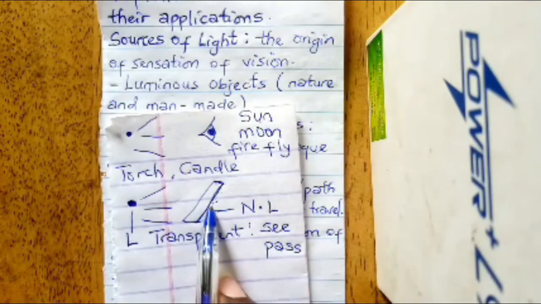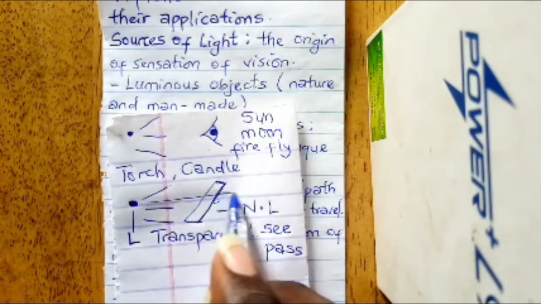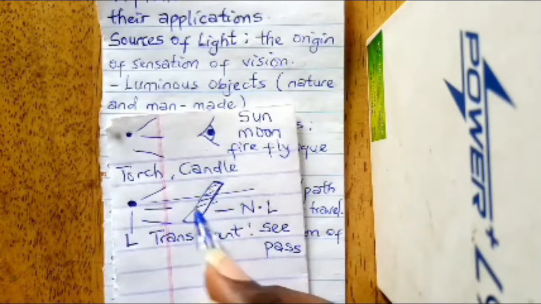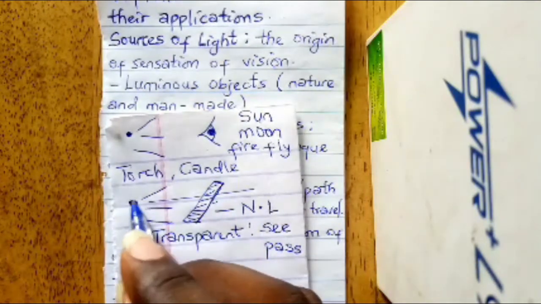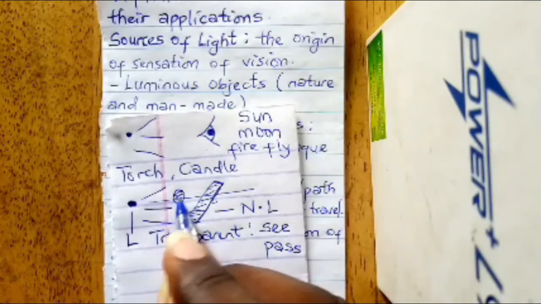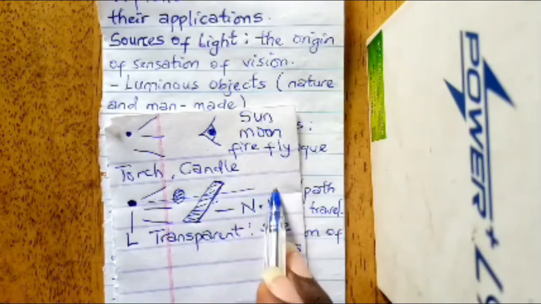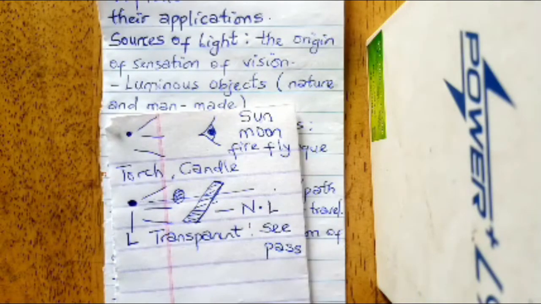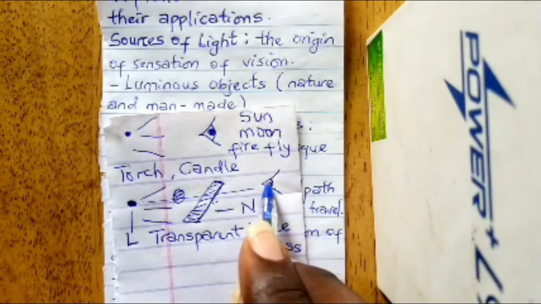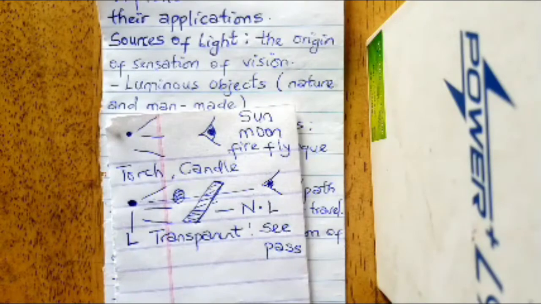If this is a transparent object, our light rays can pass through it, and also we can see through the surface of the material. So if, for example, we have a ball here, the light rays can pass through it. In the same manner, we can also see through it from this particular point and see the ball particle here.